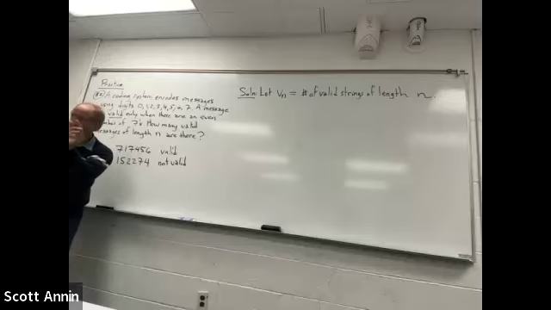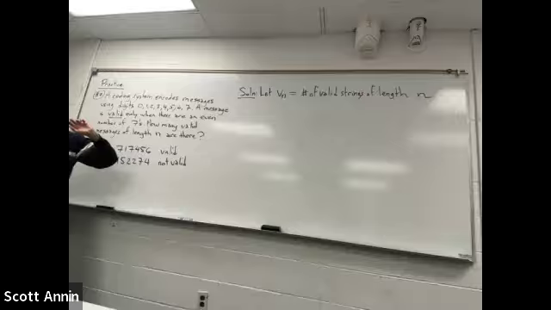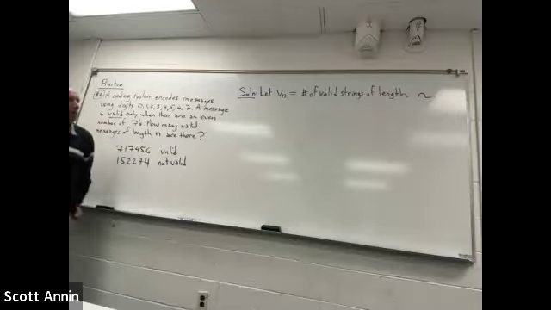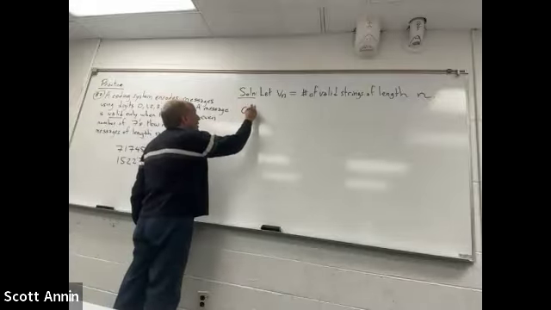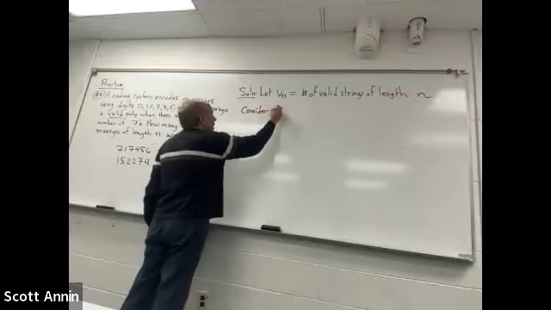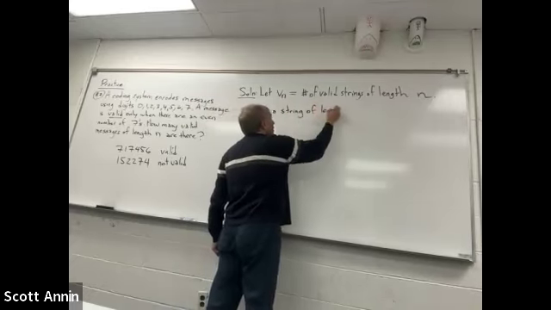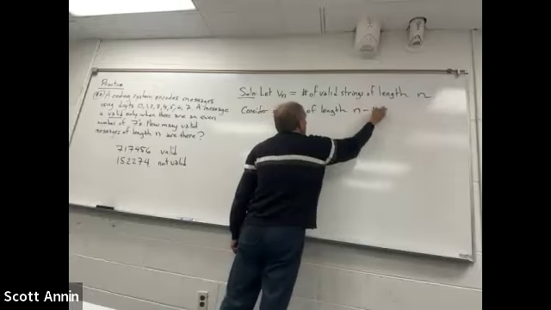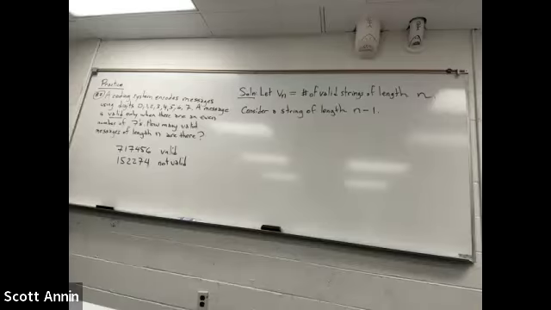See, all it takes is 1 digit to switch from an even to an odd number of 7s, right? So what we might do here is consider a string of length n minus 1, right? This is kind of the way that I would approach this.